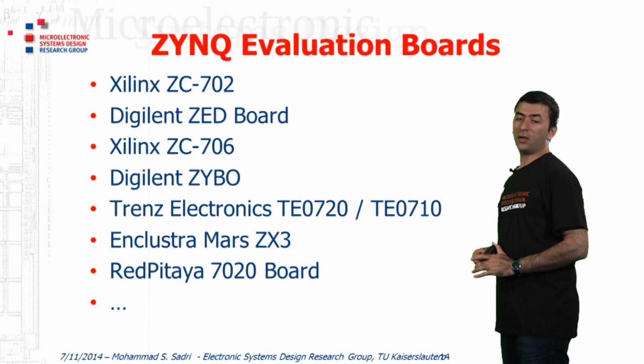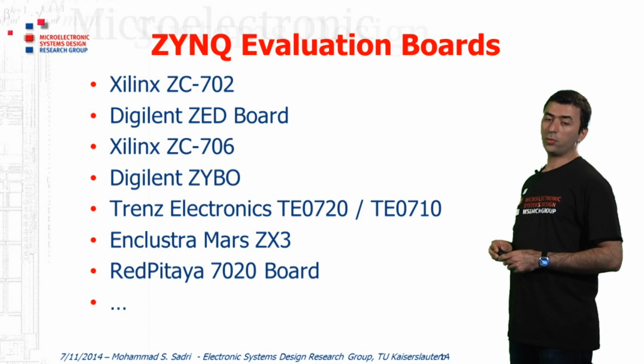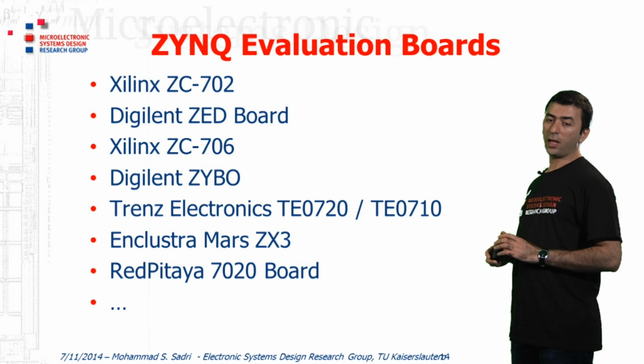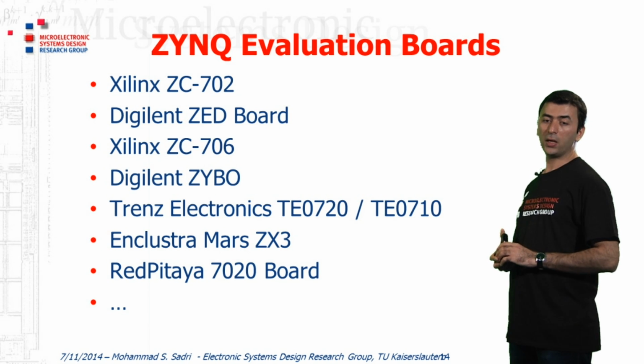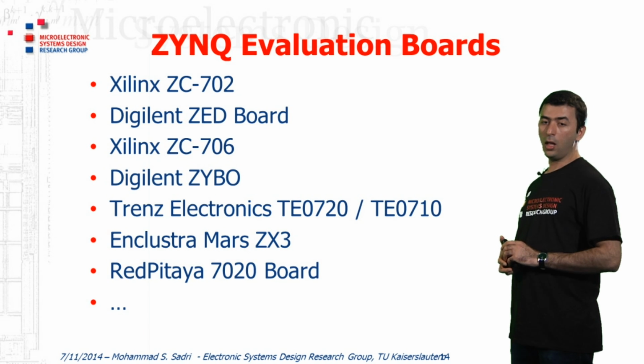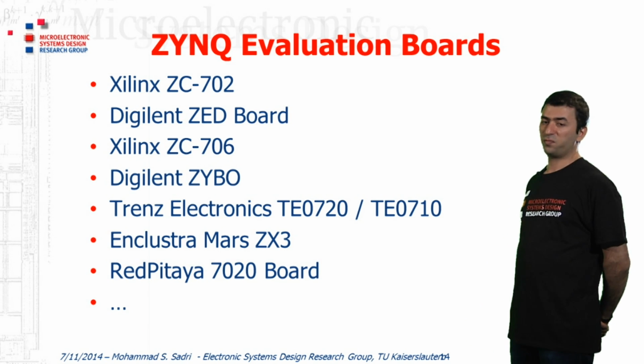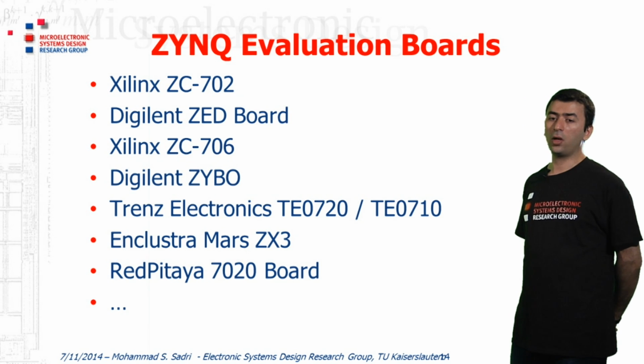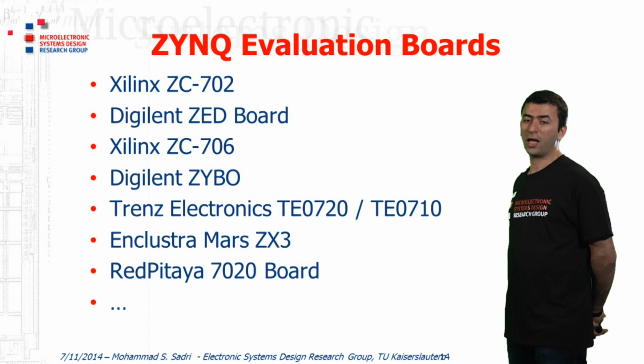Then there exists a very large number of evaluation boards for the Xilinx ZYNQ device. I have listed some of them here, which are right now available in the market. The ZC702, Z-board, ZC706. The Z-board is from zboard.org, I would say, or I can say from Avnet.